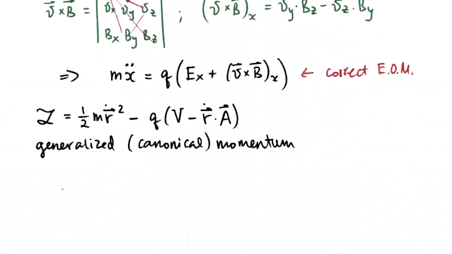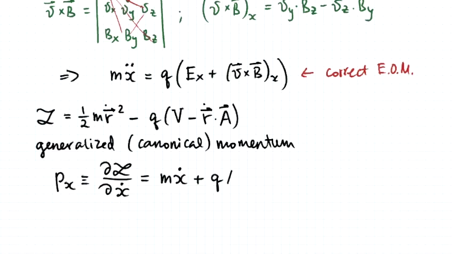You'll see why. So for the x component, we simply have to take partial derivative of our newly found Lagrangian with respect to x dot, which we readily find to have m x dot. That part is familiar to us. That's the usual momentum component. Plus, and here we have something unexpected, charge times the x component of the vector potential.